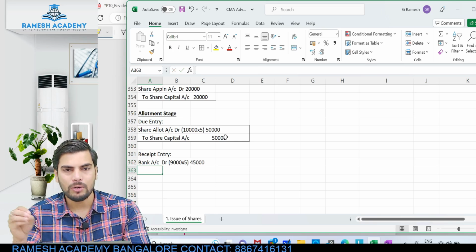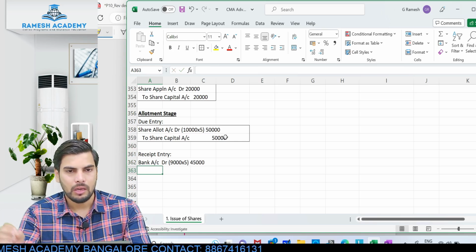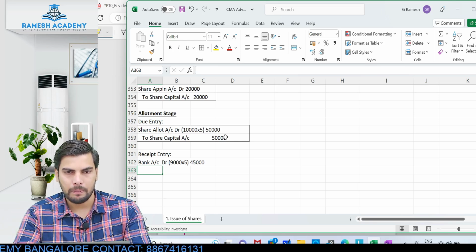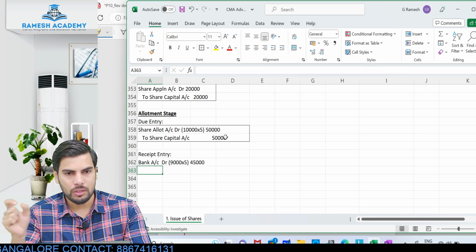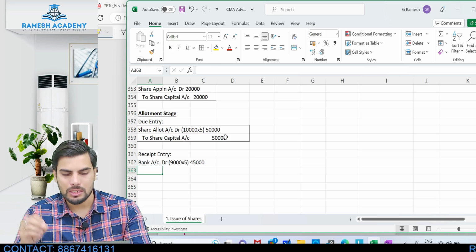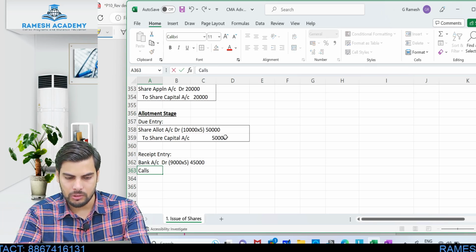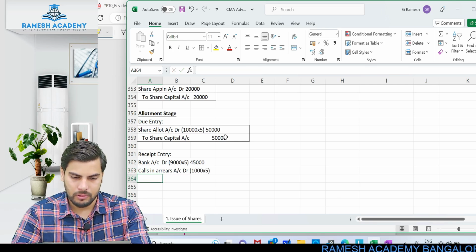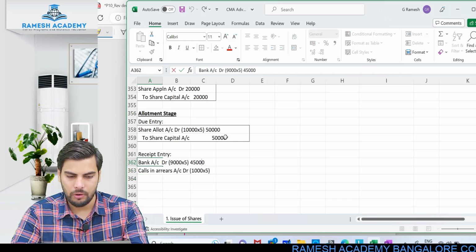And how much is the amount which will be in arrears? It would be for those 1,000 shares held by Mr. A. So 1,000 shares into 5, that is 5,000 rupees, will be treated as calls in arrears, which is an asset, therefore we will be debiting. So calls in arrears account debit, 1,000 shares into 5, which would be 5,000.